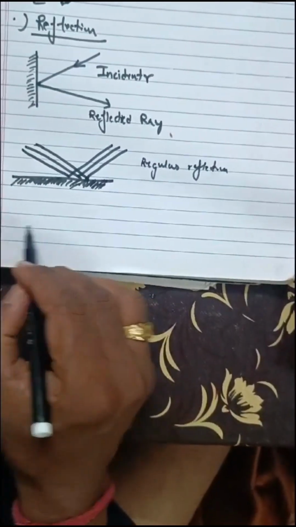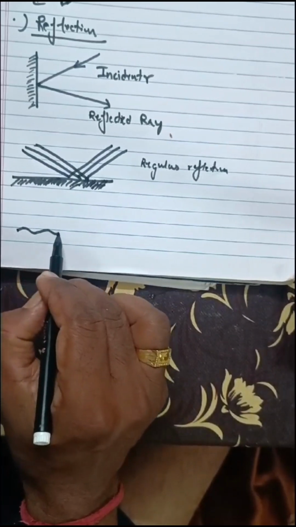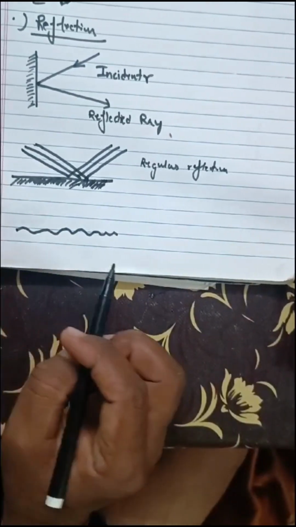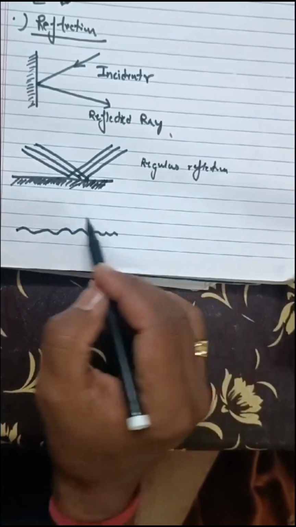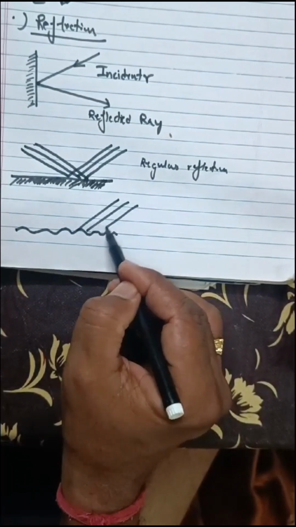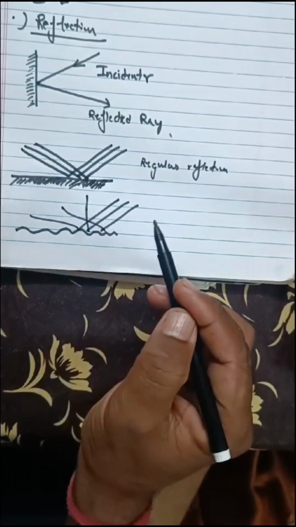And if the surface is not very plain or well polished, what will happen? The incident rays fall in any way, and the reflected rays will be irregular.